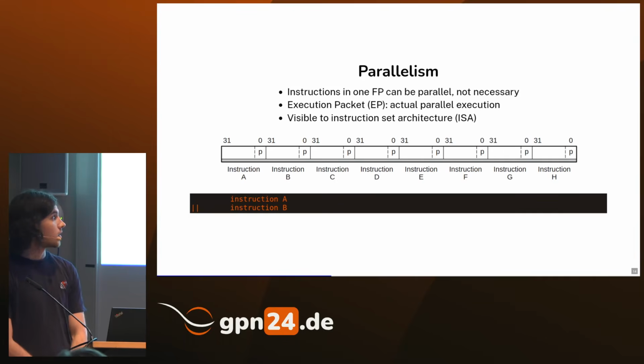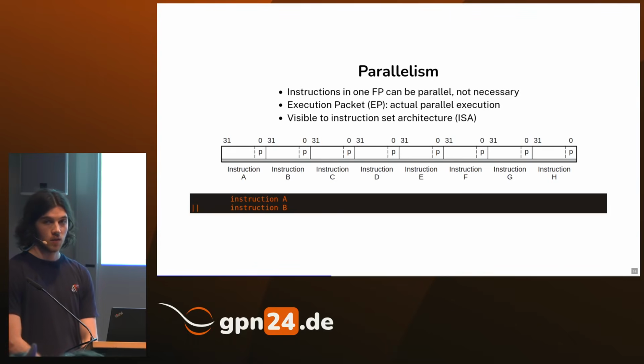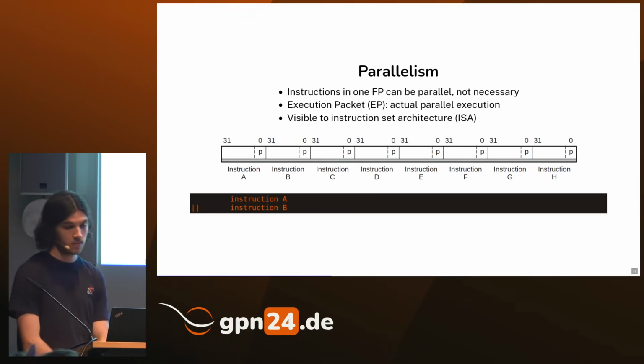And this is encoded by the least significant bit in each instruction. That is a parallel bit that says if it's 1, the next instruction is executed in parallel. So that also means the last bit should always be 0, because at this point it's only allowed to split up a fetch packet, not have parallel execution across multiple fetch packets.